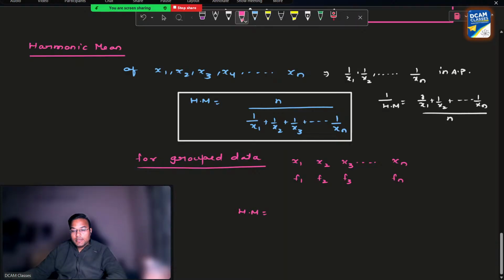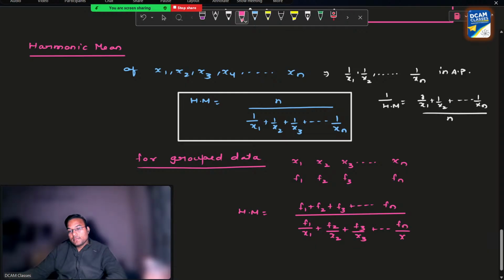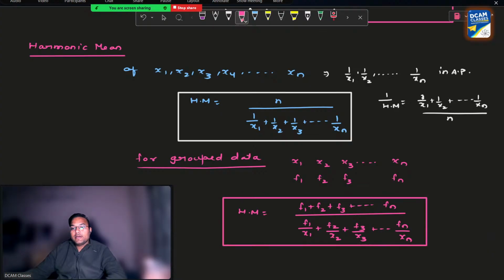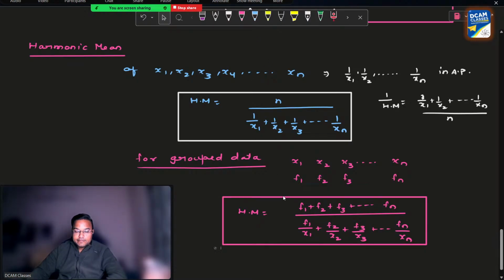Harmonic mean is f1 plus f2 plus f3, all these frequencies added, divided by f1 by x1 plus f2 by x2 plus f3 by x3 up to fn by xn. They actually write capital N divided by this, but for the sake of simplicity, I've done it like this.